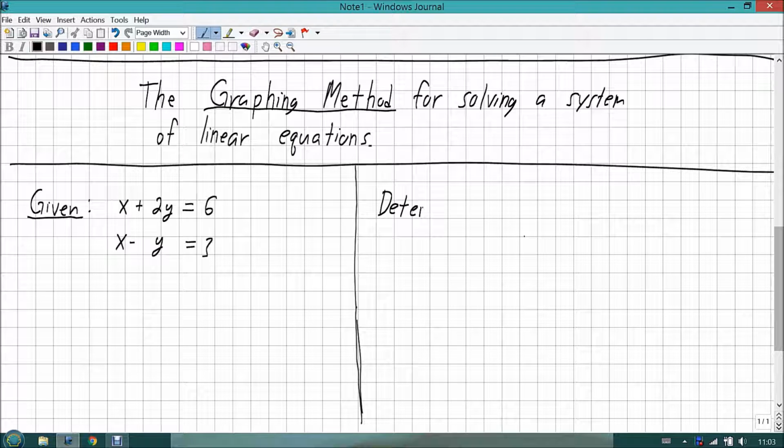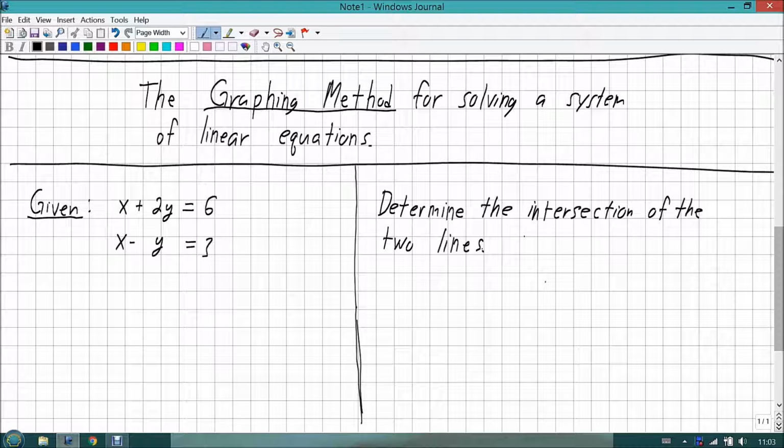Determine the intersection of the 2 lines. Now, we already know that there are some cases where things don't intersect at all, so you're not going to have a solution. There are some cases where the line is the exact same thing, so that would be an infinite number of solutions. But the ones that are actually interesting and useful are the ones where you have exactly one solution.